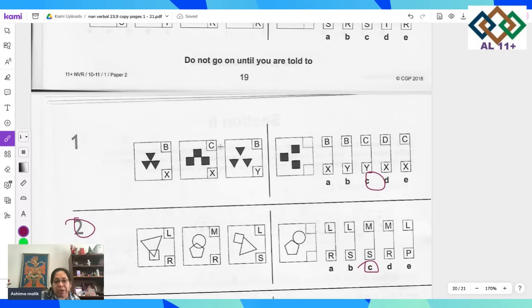And we know that the square one becomes a C. So just cancel the ones which are not a C. And then you just have to look between Y and X. Y means the outer circle. We are not looking for that. Y is the outer circle and X is the shapes not touching each other, like this one. I know the shapes are not touching, so I know my answer will be CY.